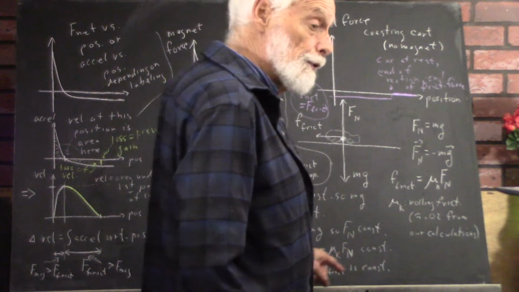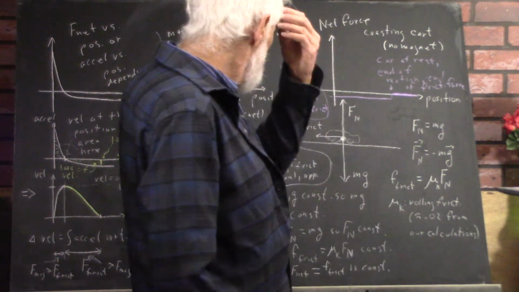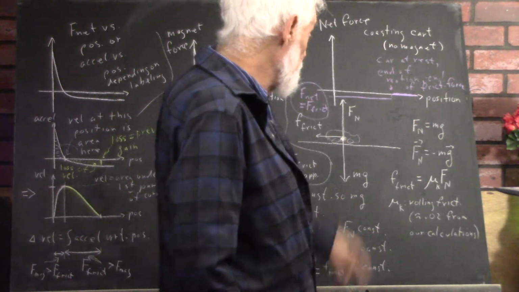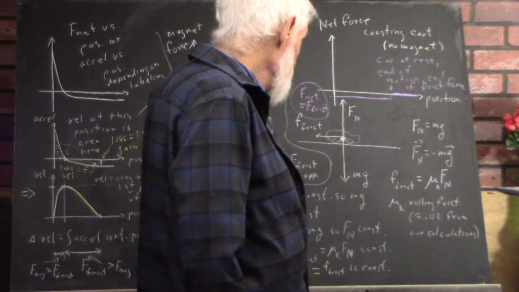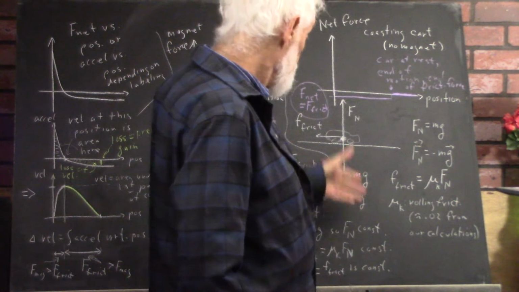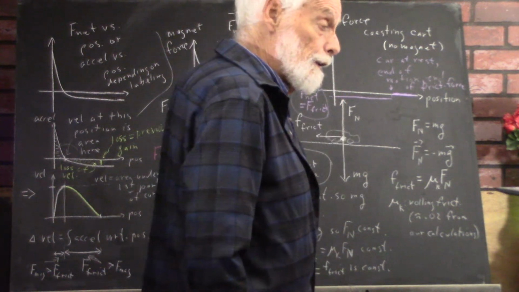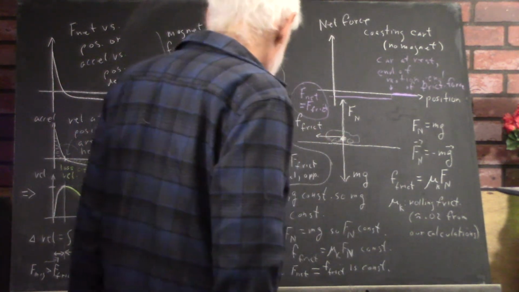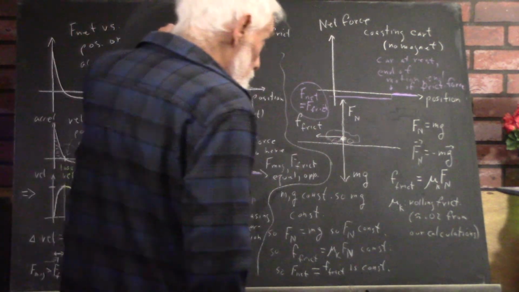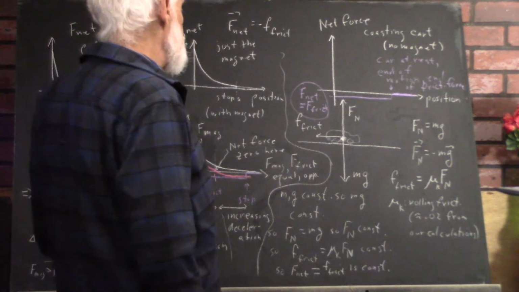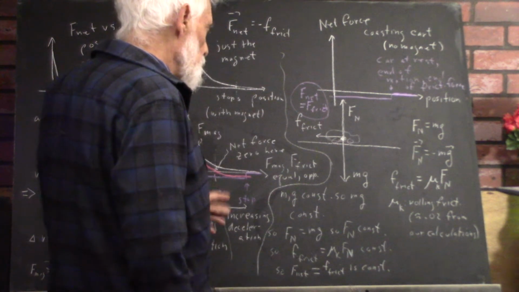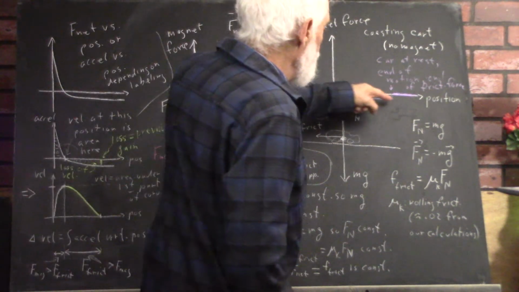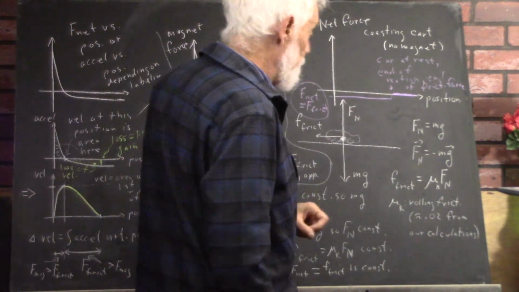So the net force, in the absence of the magnet, because we specify no magnet here, is the frictional force, because you only have three forces, and two of them are in equilibrium. You're just left with the third one. Okay, so we draw the conclusion that the frictional force is constant, which is why then this line is horizontal.